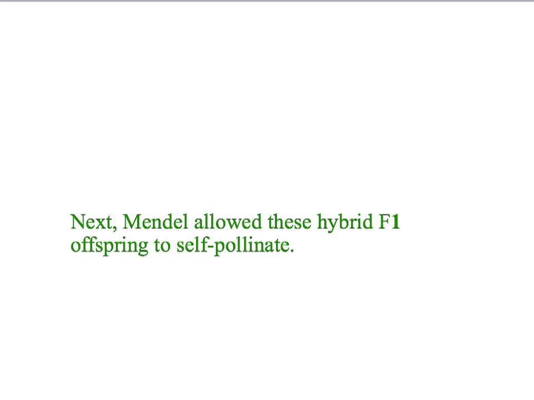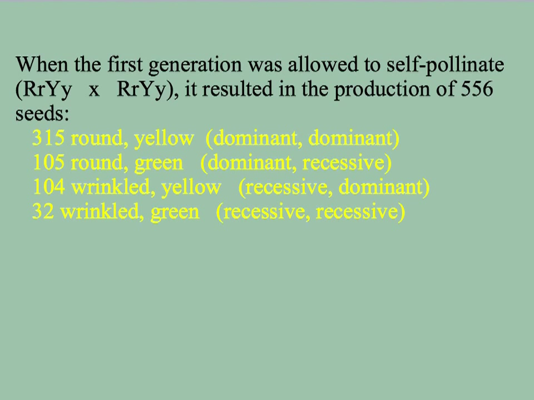So next, he allowed these to self-pollinate and grow other plants. And here's what happened, and you can look at those. We've got 315 round and yellow, which were the dominant and dominant traits. And then 105 round and green, which had dominant and recessive traits. And basically what this told Mendel was that the traits were not connected.